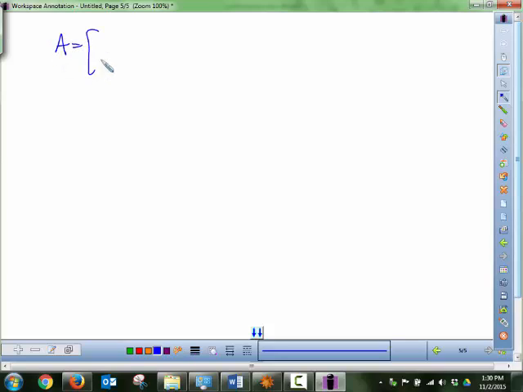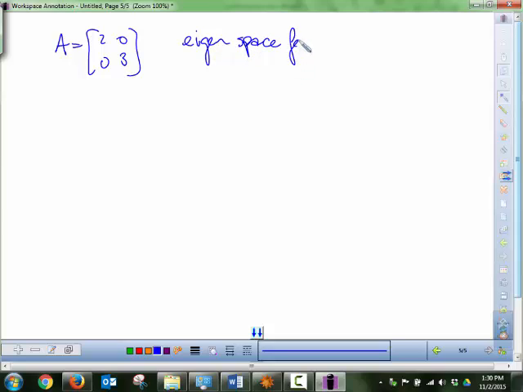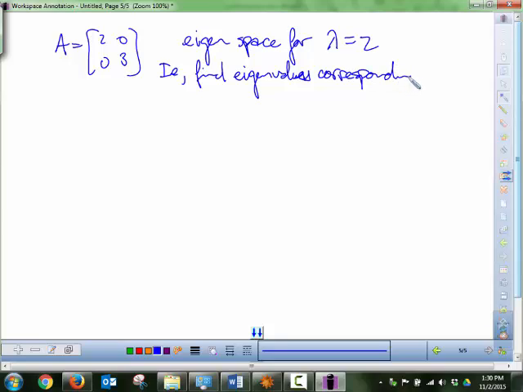All right, so we'll keep our A, and let's find the eigenspace for lambda is equal to 2 for starters. In other words, what you're going to do is find eigenvectors corresponding to the eigenvalue 2.